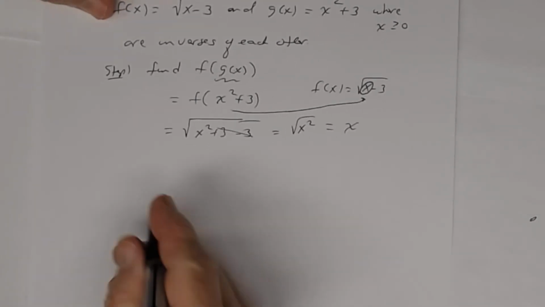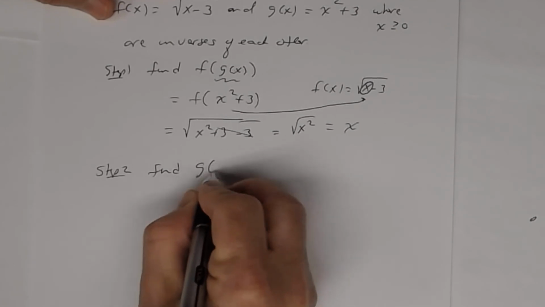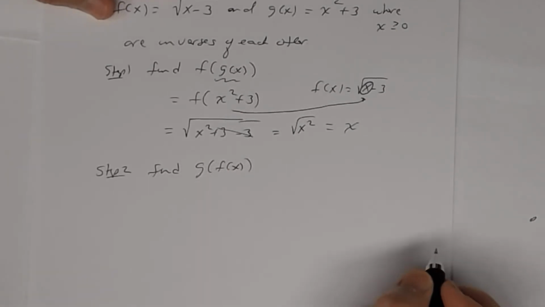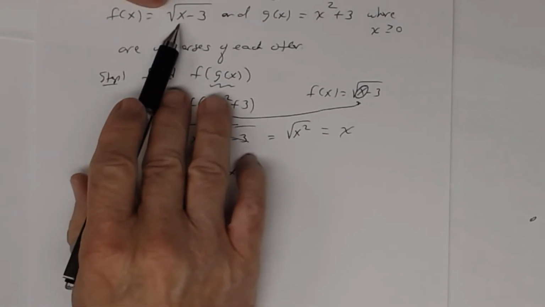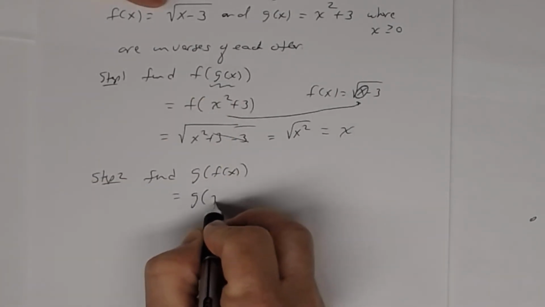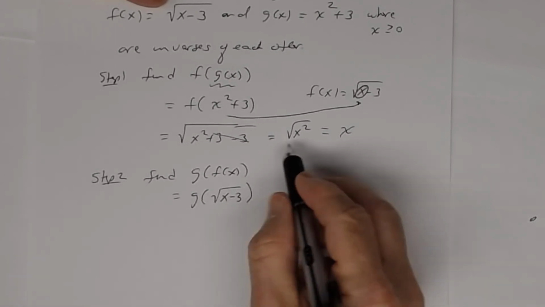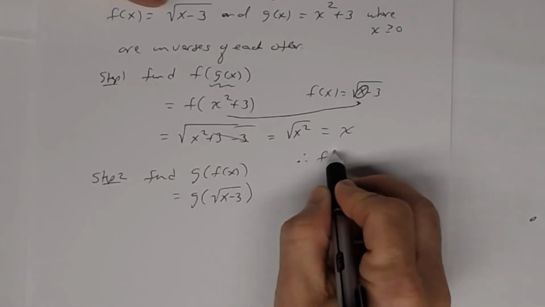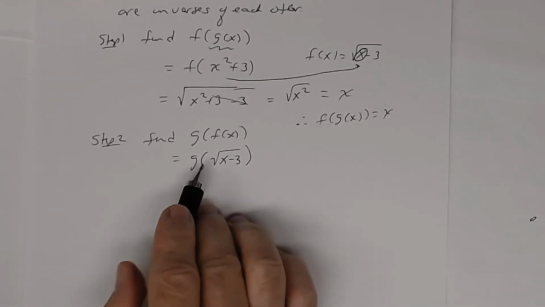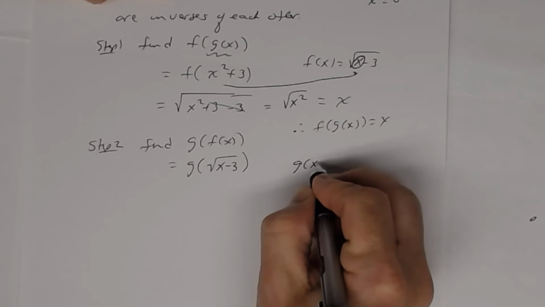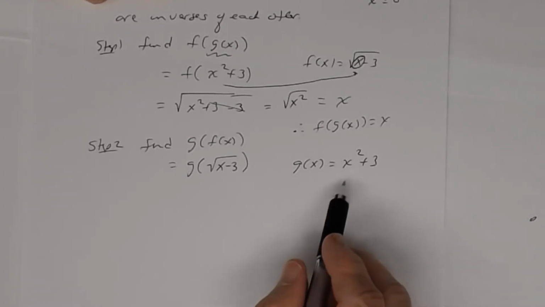Okay. Step 2, we're going to find g of f of x. Well, f of x is this function right here. So that becomes g of the square root of x minus 3. Oh, and by the way, so therefore f of g of x is equal to x. Now, here was your function g of x. It was x squared plus 3, right?